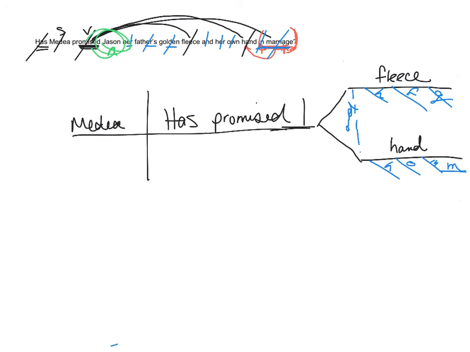Because it has the same function as a preposition, we put it on a prepositional phrase bracket, but we don't have a preposition. It's an unknown. To whom? To Jason. That is your indirect object because it's indirectly related to the verb. It's not what's directly being promised, but it's related. So that is number 9.